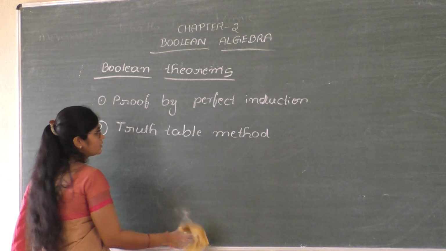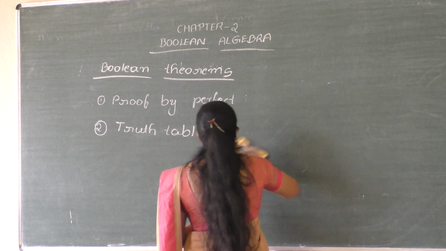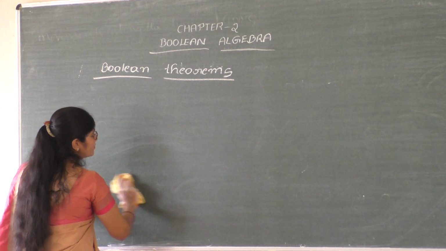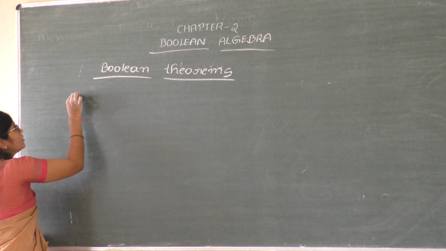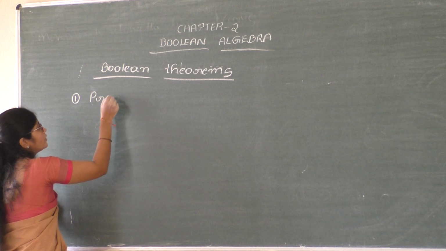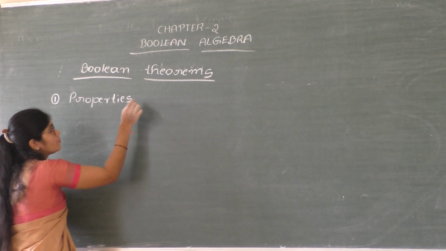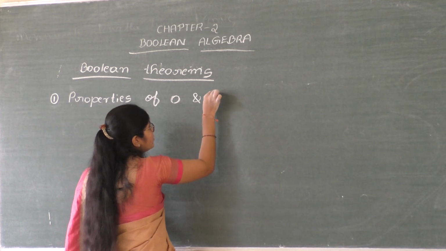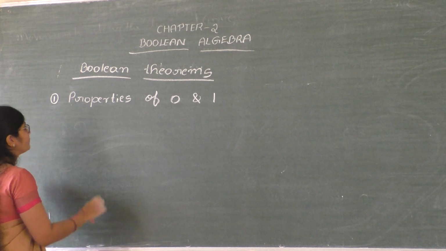Okay, we shall discuss various theorems of Boolean algebra. First theorem, properties of zeros and ones.